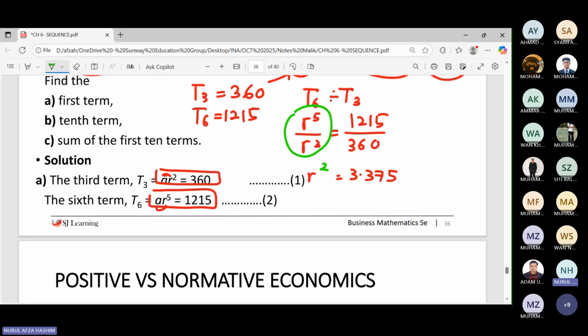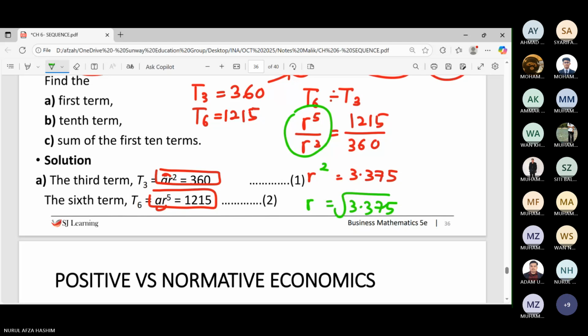Okay, and then to find the R, we just take the root of 3.375. What is the square root of 3.375? 1.837, madam.